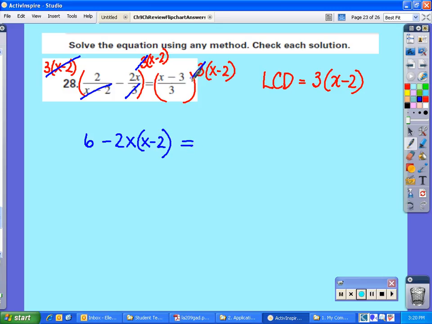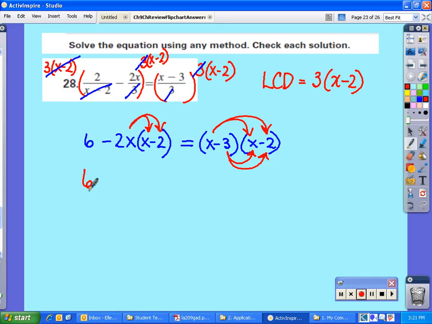On the right side, the 3's cancel, and we have x minus 3 times x minus 2. Let's go ahead with the multiplication. We get 6 minus 2x squared plus 4x equals x squared minus 5x plus 6.